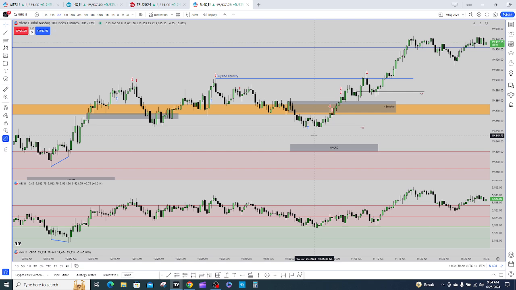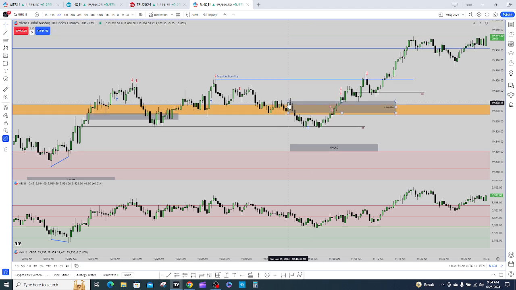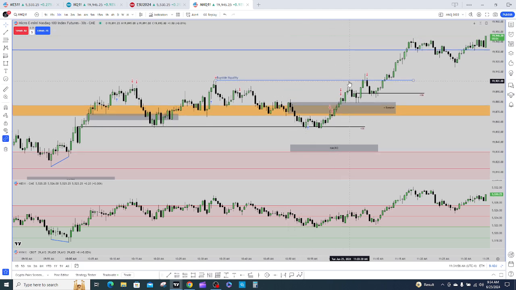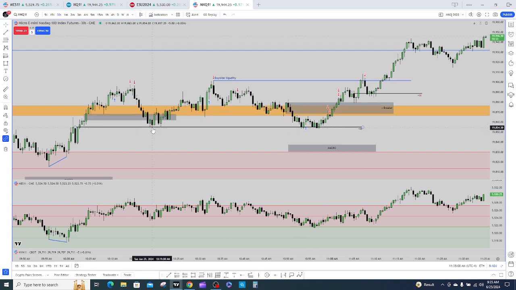The characteristic of the 10:50 macro that ICT teaches is that it's usually a stop run, like a ditch. As you can see here, it creates this ditch effect where it comes down, takes out this low, takes out this low right here, and soaks up all of those sell stops.